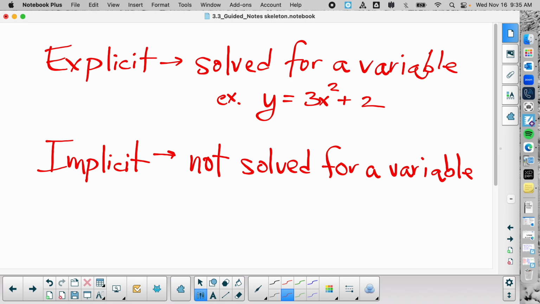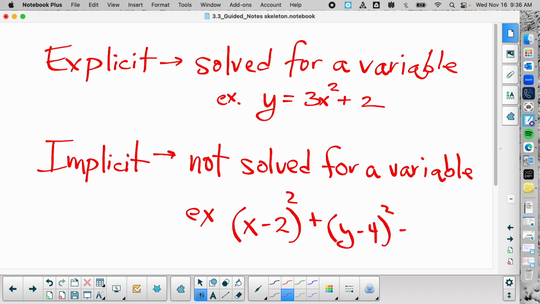So if you have something that's not a function, it can't be written explicitly. So let's say a circle with a center at 2, 4 with a radius of 3. Okay, so that's implicit. We're going to be doing derivatives on equations that aren't solved for a single letter.